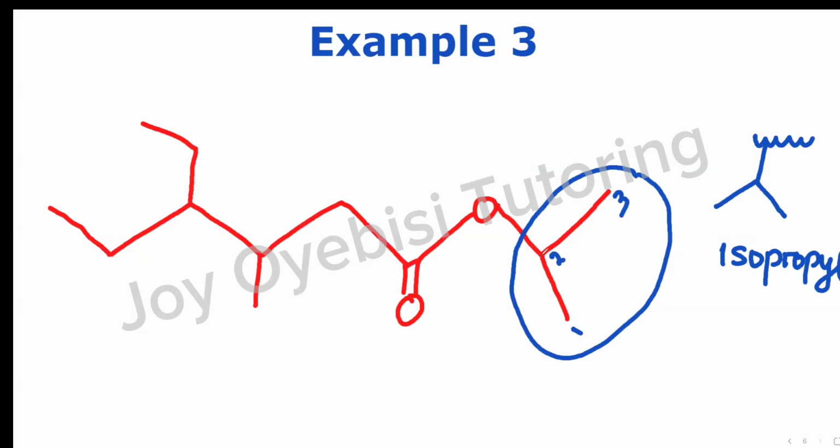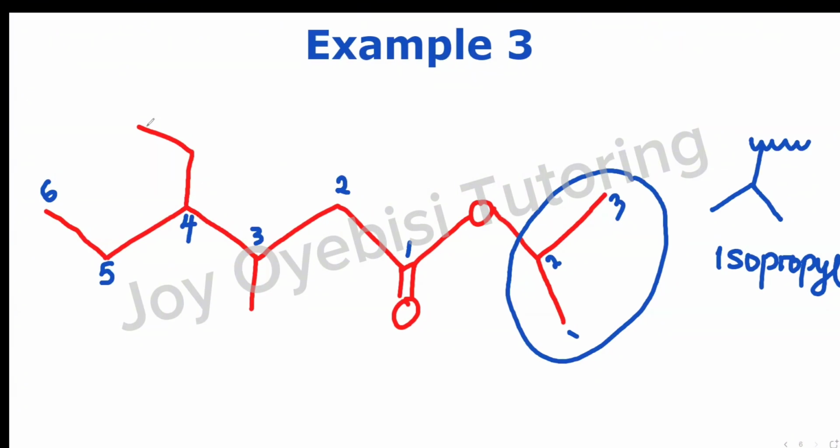But when the connecting carbon is the carbon 2, so it gives you that upside down Y shape, we call it isopropyl. Now, if you start numbering, for this one, we will number 1, 2, 3, 4, 5, and then 6. If you go 4, 5, 6 it is also the same thing. So it doesn't matter. We can just go with the long chain.